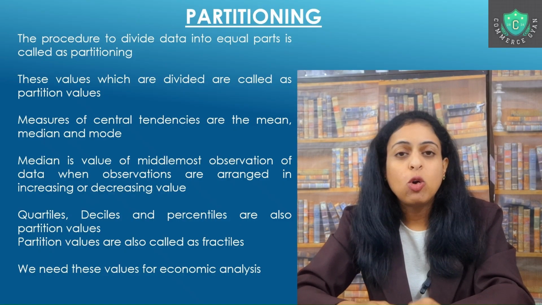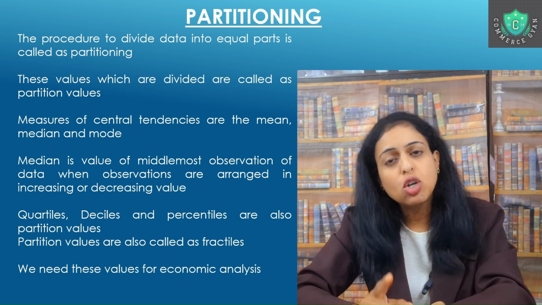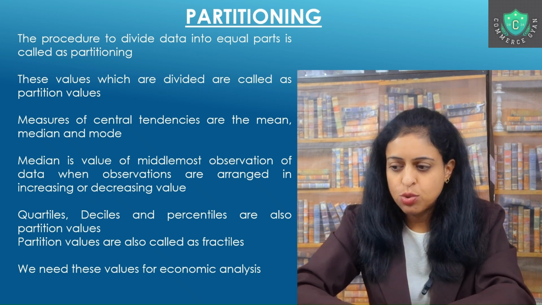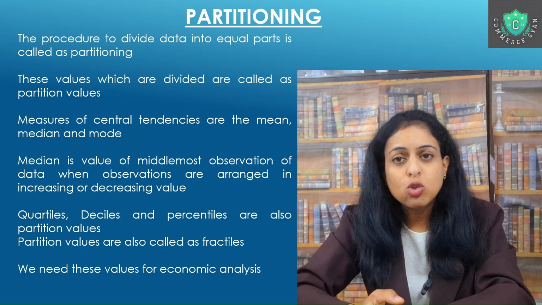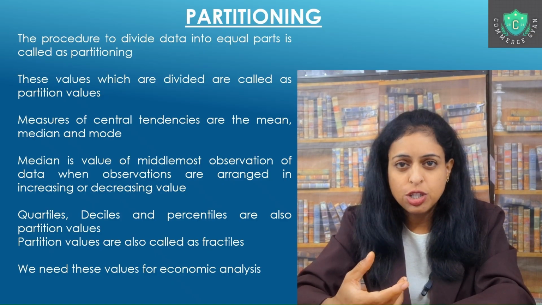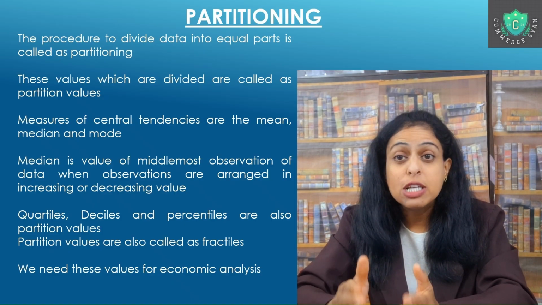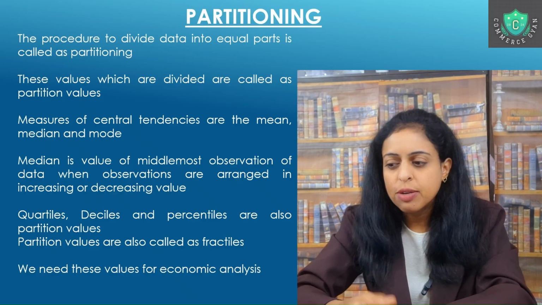Then we have what we call quartiles, deciles, and percentiles, which are also part of partition values. Partition values are also called fractiles. If you say fract, it means fraction. We are dividing, so fraction, that's why it's called fractile. So it's easier to remember.